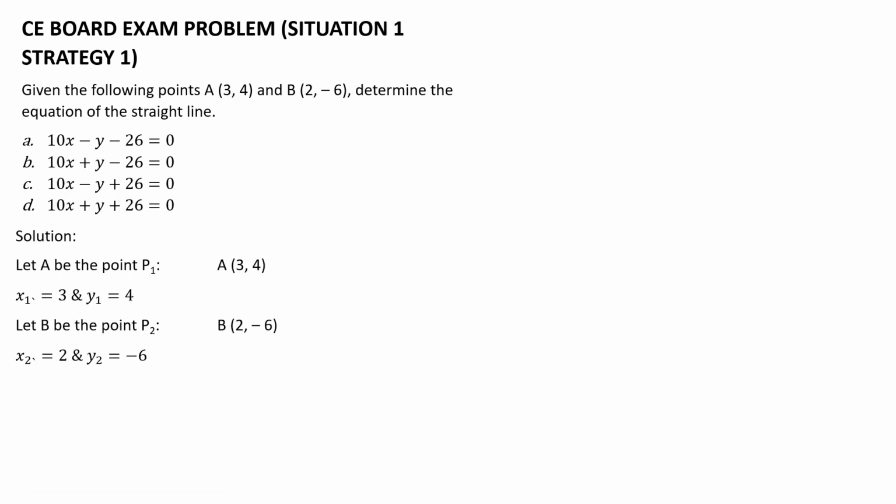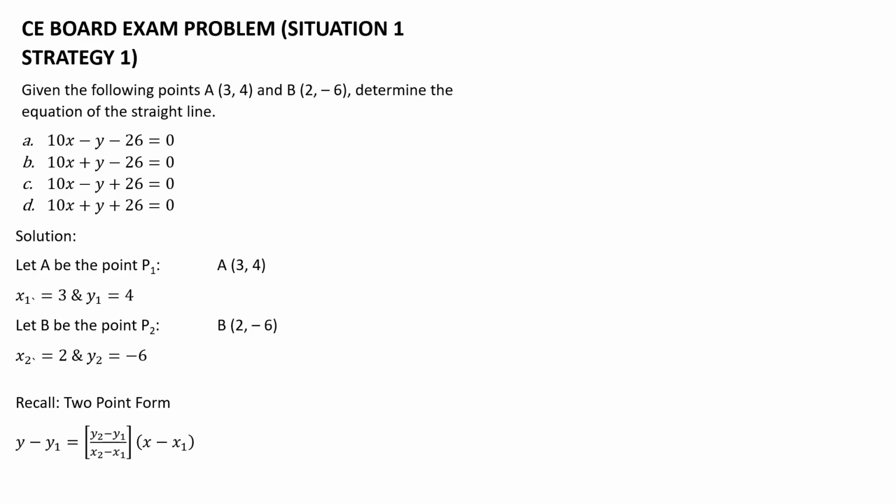For the start of our solution, let A be the point P sub 1, wherein x sub 1 is equal to 3, while y sub 1 is equal to 4. Then we can let B be the point P sub 2, wherein x sub 2 is equal to 2 and y sub 2 is equal to negative 6. But of course, before we start all the calculations, let us recall our two-point form formula of a straight line.